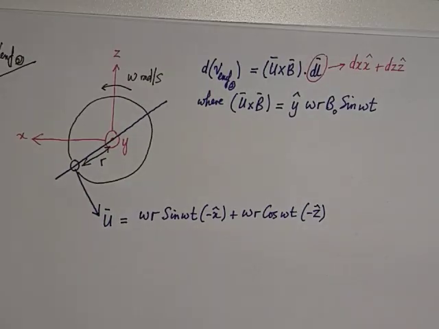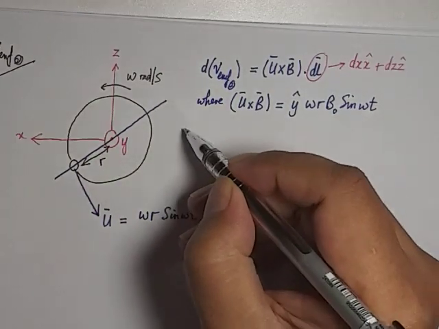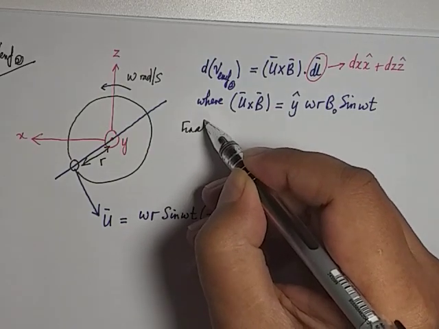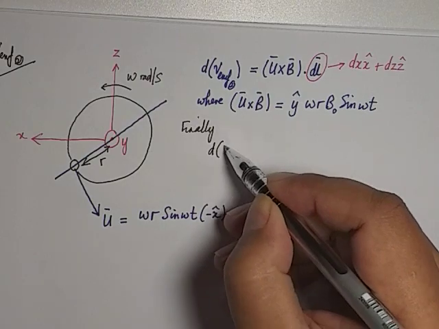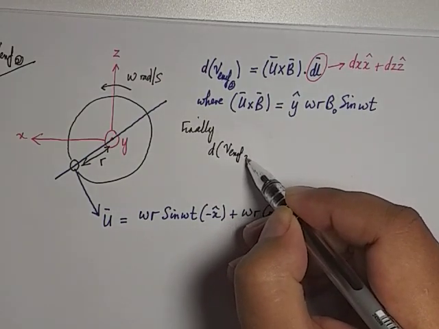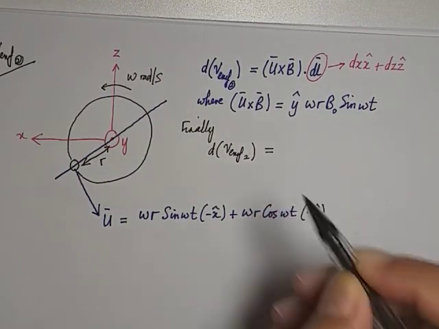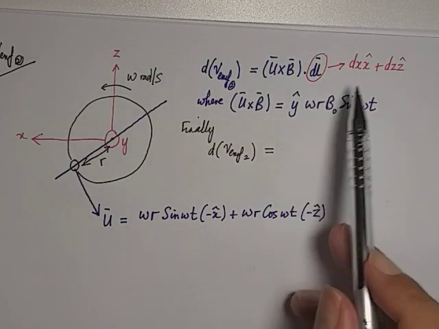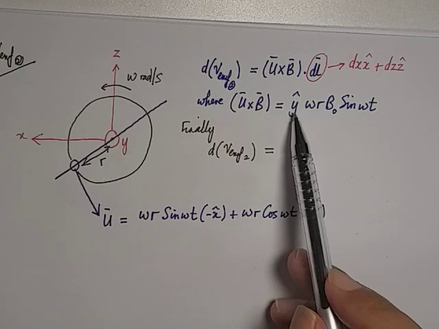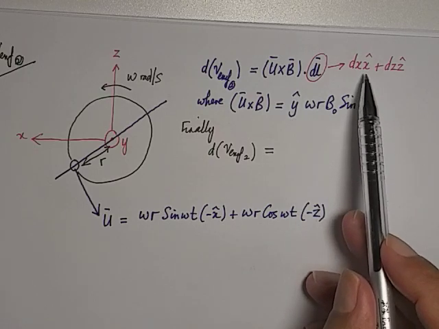Okay, so now let's do the mathematics. Finally, the V EMF of side number 2 is equal to this term dot product with this term. If I dot product the y direction with the x direction, what is the solution?